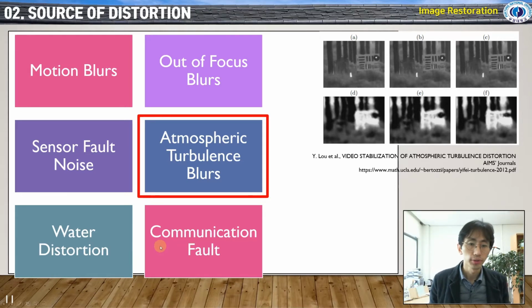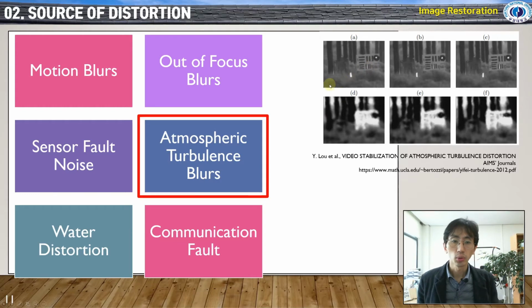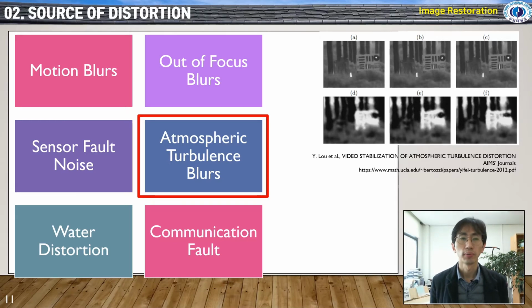Next one is atmospheric turbulence blur. This is caused by air conditions, temperatures, and airflows. Especially when taking a photo from a long distance away, the air conditions in the middle between the camera and the target cause blurs. There are 6 photos here, and these are not static photos.